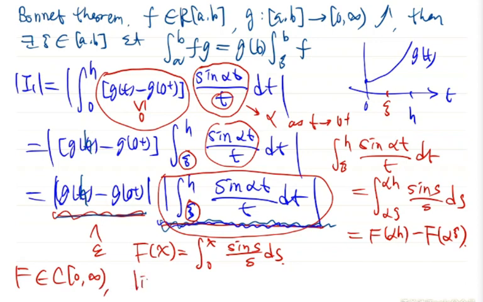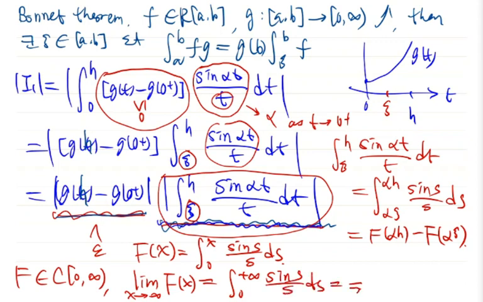And the limit at infinity, when x goes to infinity, that is the integral from 0 to infinity of sin s / s ds, is pi over 2. So F is a continuous function that has a limit at infinity. Therefore, capital F is a bounded function.